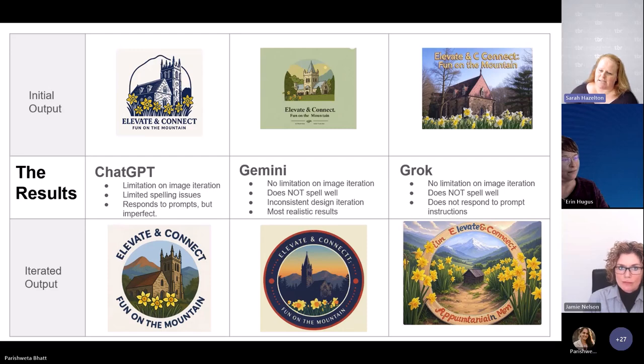And what I mean by that is, if you ask it, I really like that image, can you just spell this correctly? It will completely change the image, or at least it did on me, and give me something completely different. And so I was constantly having to iterate. But it did give me more realistic results. It gave me something closer to the picture that I had submitted than the other ones I tried.